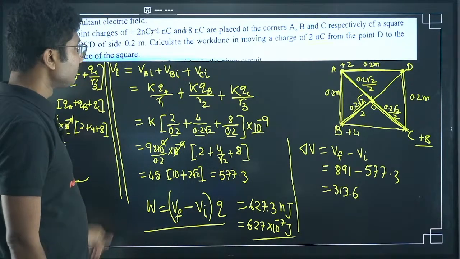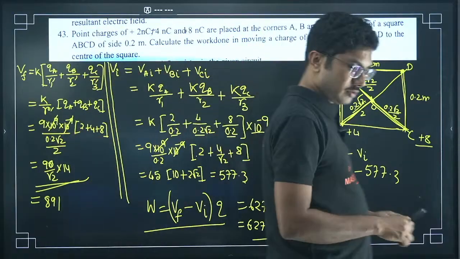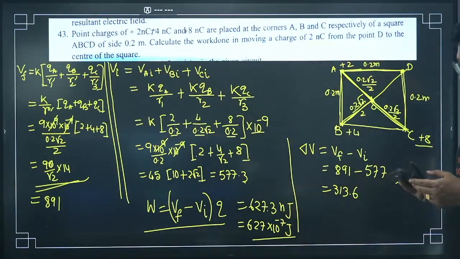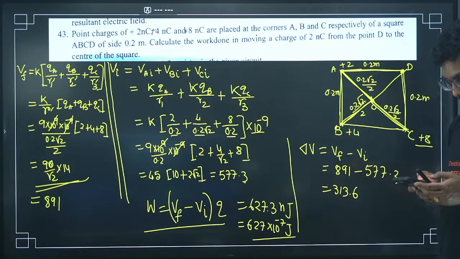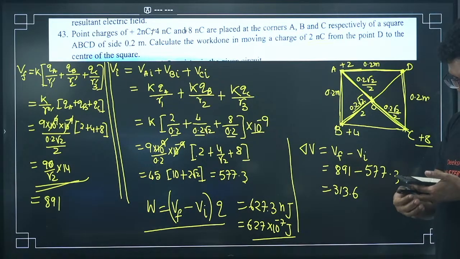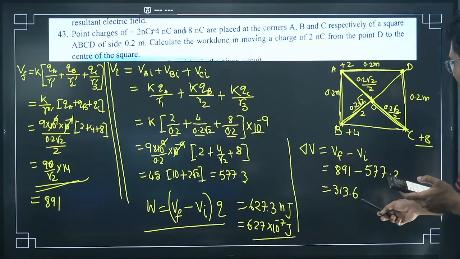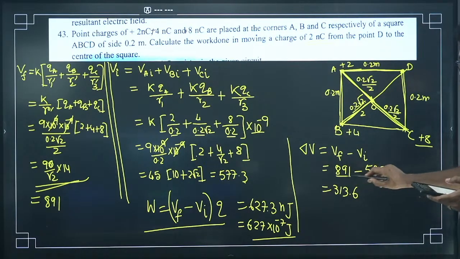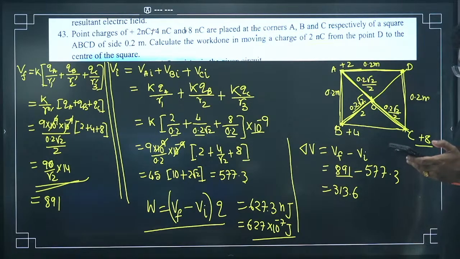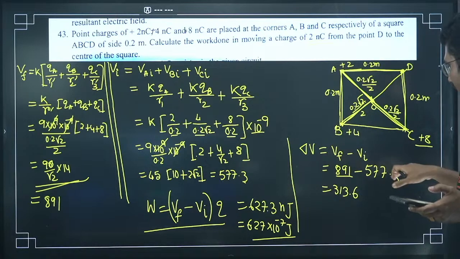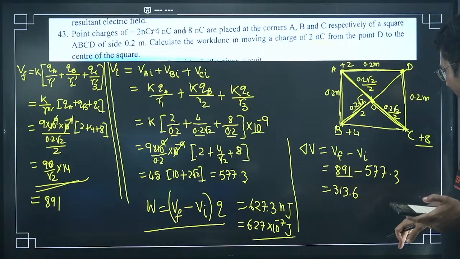Okay, now tell me if your answer is correct or not. You are getting 890. 890 is coming for this one, second one only. 650. Yeah, 650. I think maybe I have made some mistake.